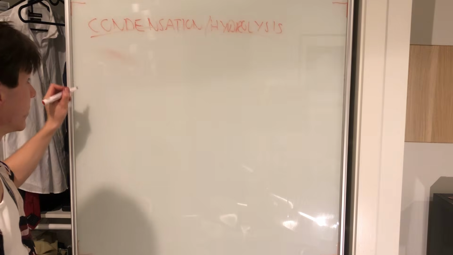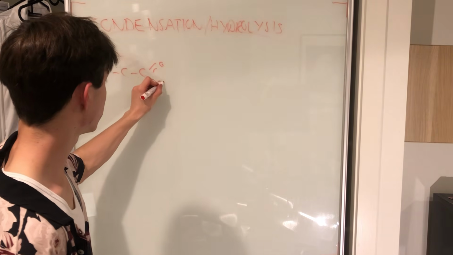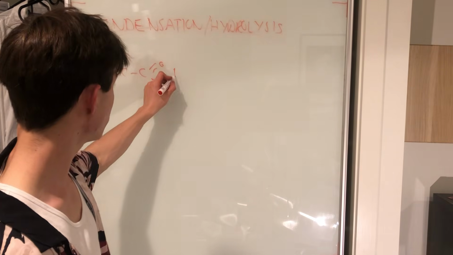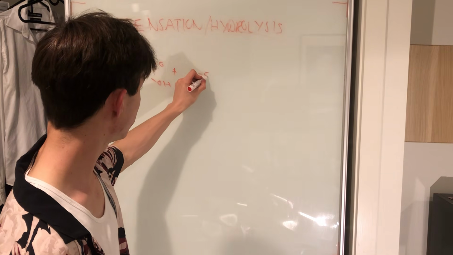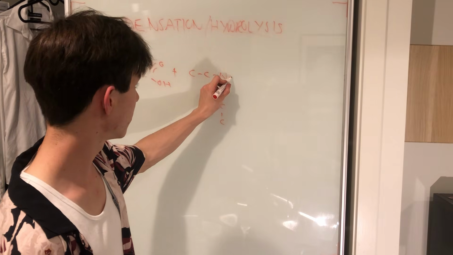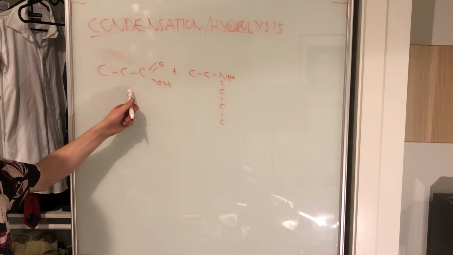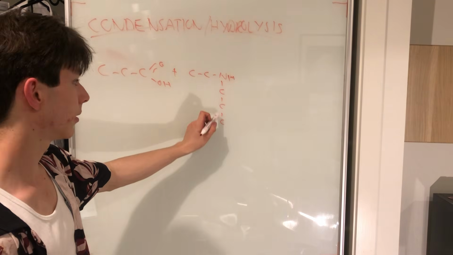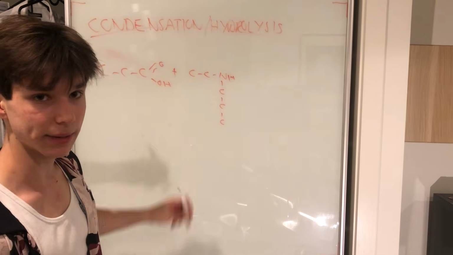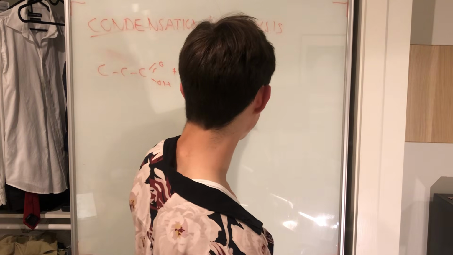We're forming an amide, so let's draw propanoic acid again, and let's do a secondary amine. So it's NH. So propanoic acid plus N-ethyl propanamine. This is also reversible.